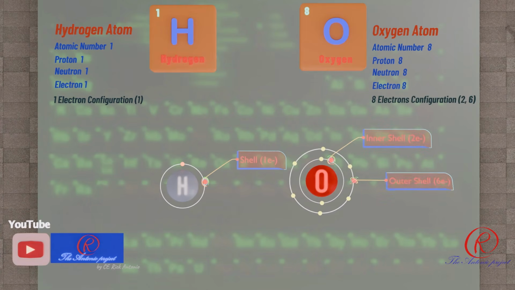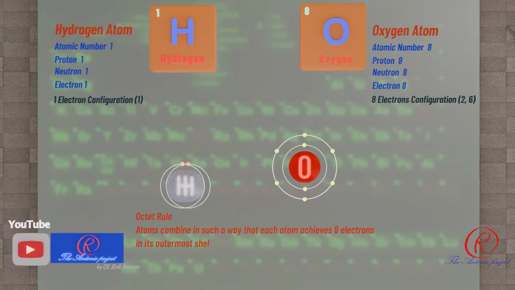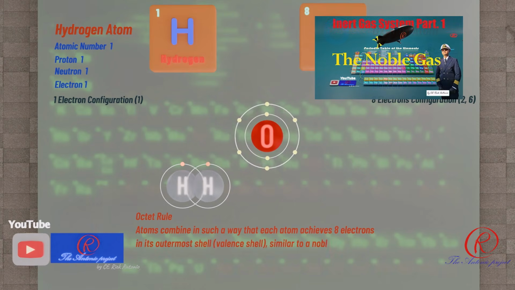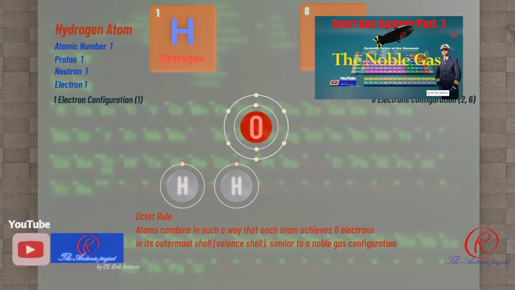The octet rule states that atoms combine in such a way that each atom gains 8 electrons in its outermost or valence shell, similar to the configuration of a noble gas. For details, please watch my previous video about noble gases.